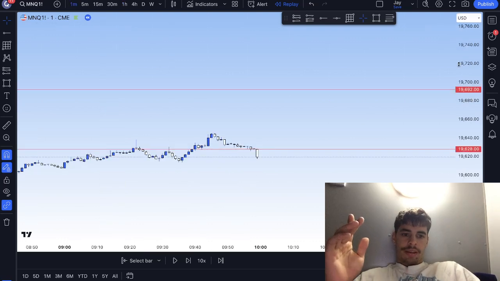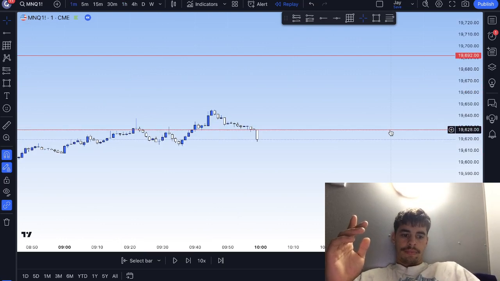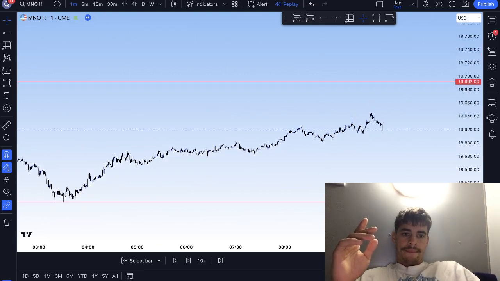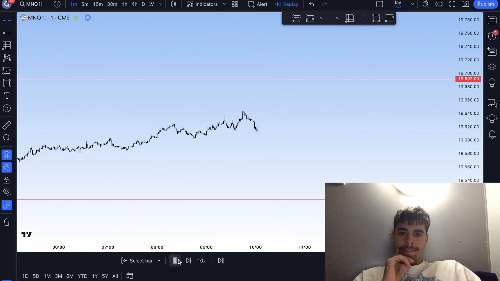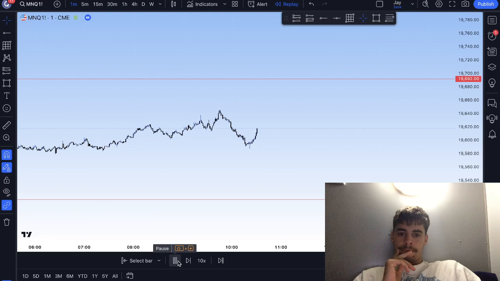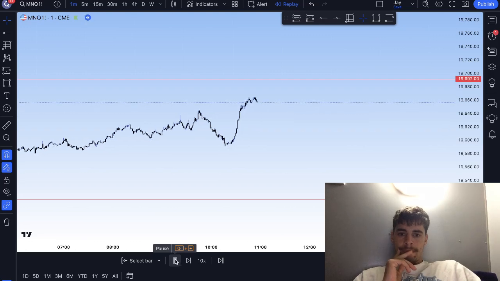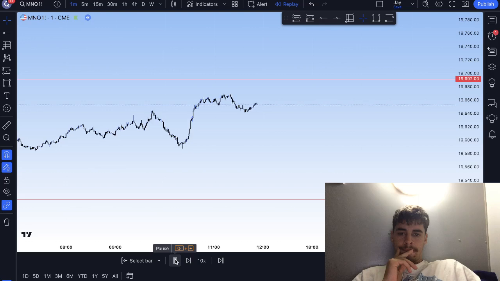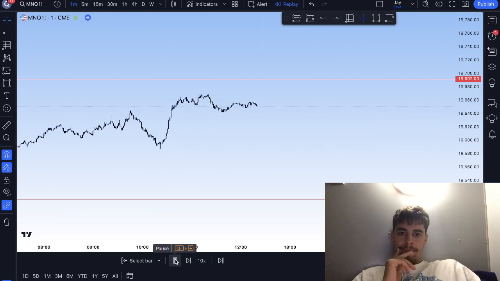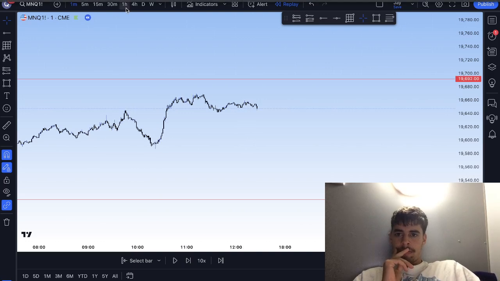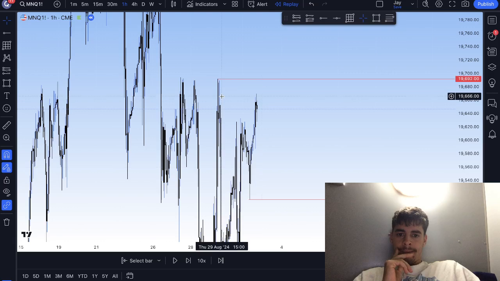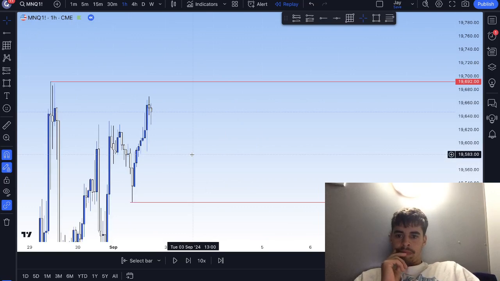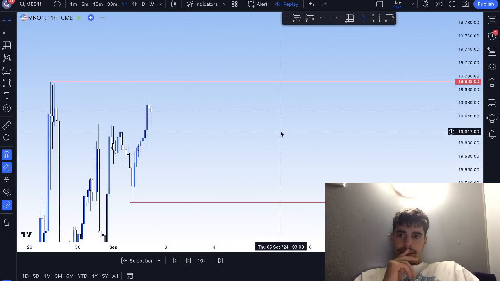So we sort of want to see market hit either of these ranges, which just doesn't happen. Maybe on ES.